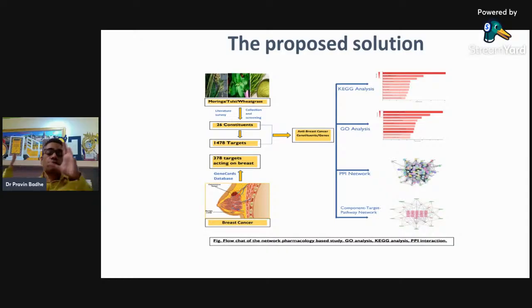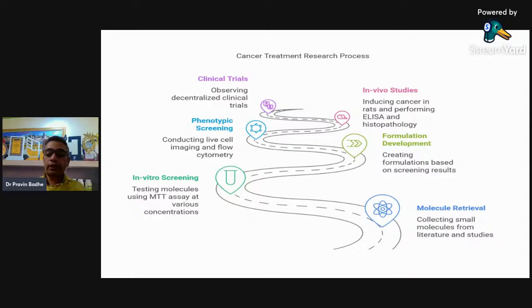And the molecules from this plant are then done with molecular docking to screen them and to understand what binding affinity they have and in which different positions they are binding. Once that is done, we collect those molecules, and we do the in vitro screening first to understand the concentration and toxicity. Based on those concentrations, we go for a formulation.